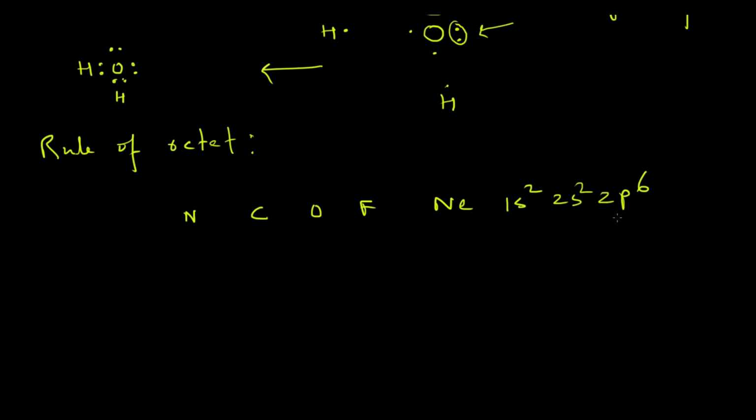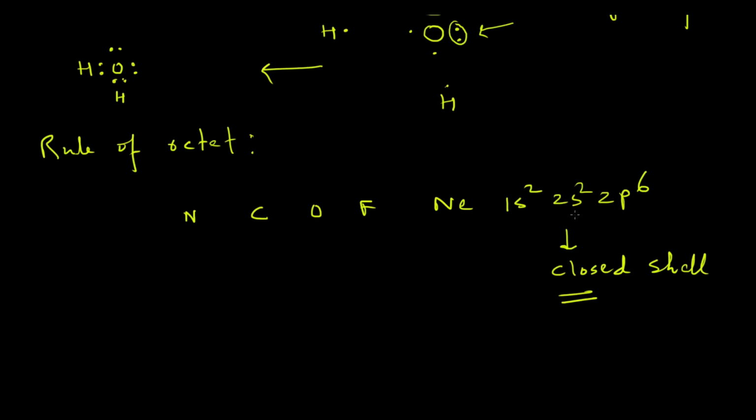That is, all the orbitals are filled up by electrons, and thereby it is forming a closed shell. Its valence shell is closed, and due to this reason neon is totally inert towards any kind of interaction or bond formation with other elements.